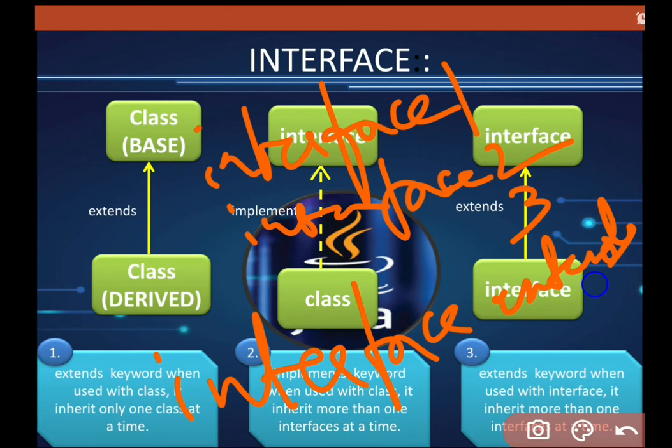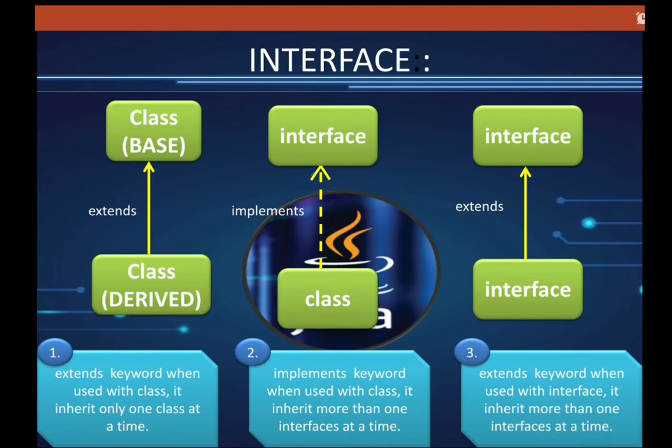The extends keyword inherits interface number 1, comma, interface number 2, comma, interface number 3. We can inherit in this way, but it is not possible with a class. That's why we have the interface concept, and it allows this with the help of the implements keyword. You have to remember this.